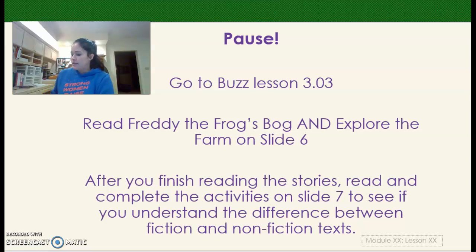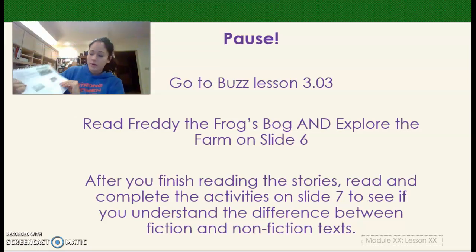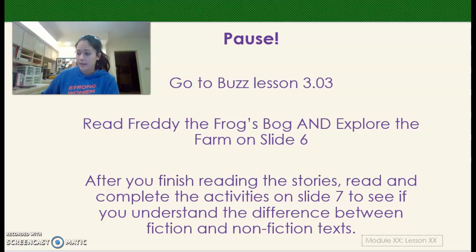Those are both also in your language packet that you can read in there, or you can go into Buzz and listen to them being read. I want you to look through both of those, and then I want you to complete the activities on the next slide, on slide 7.